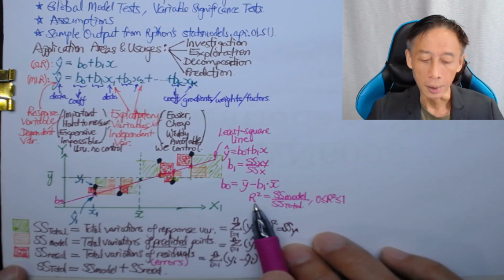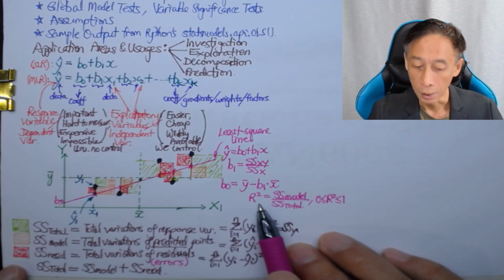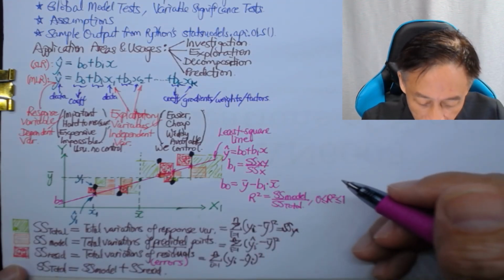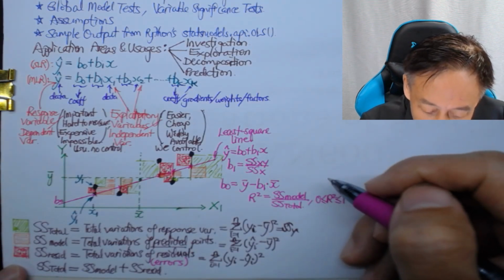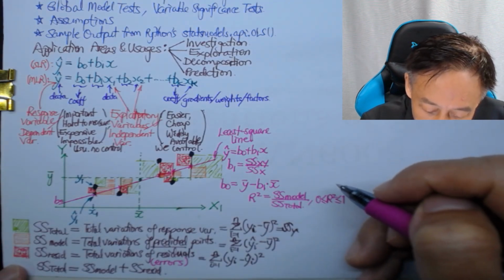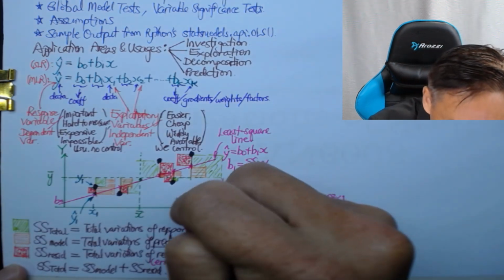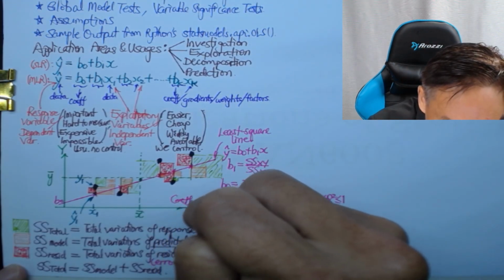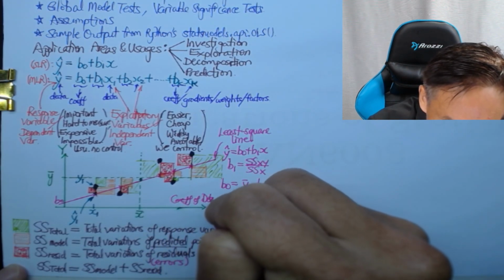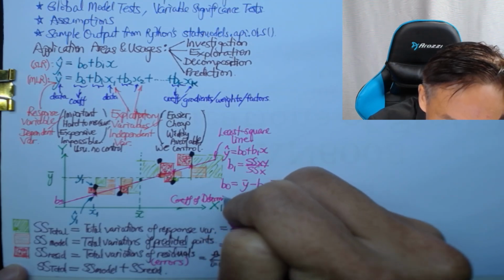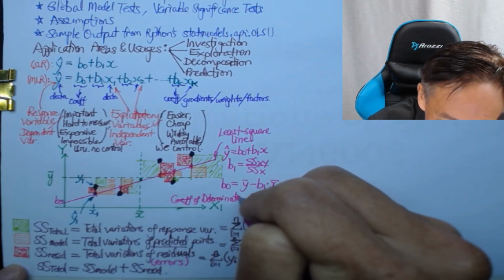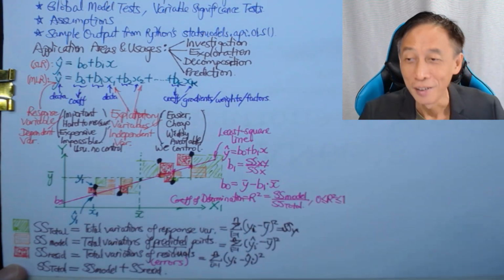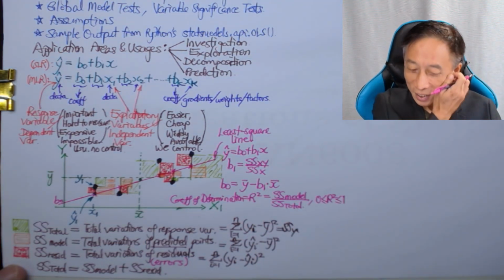So R squared is what we call the coefficient of determination. It determines the fuzziness of data. So what does it say?